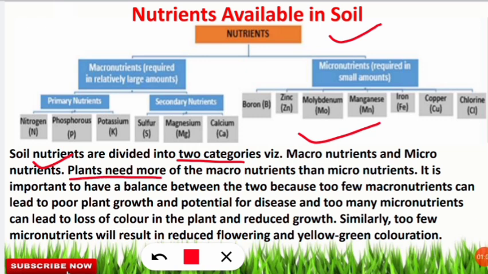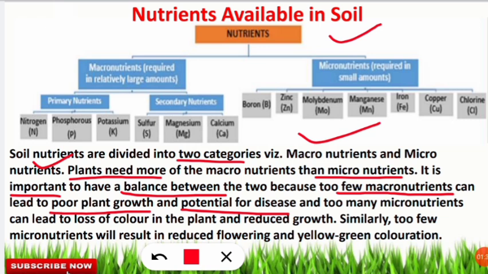Macro means more, that's why they need more. Micronutrients are the nutrients or elements which plants need in lesser quantity. It is very important to have a balance between macro and micronutrients, because if there are too few macronutrients present in the soil, it can lead to poor plant growth and potential for disease.